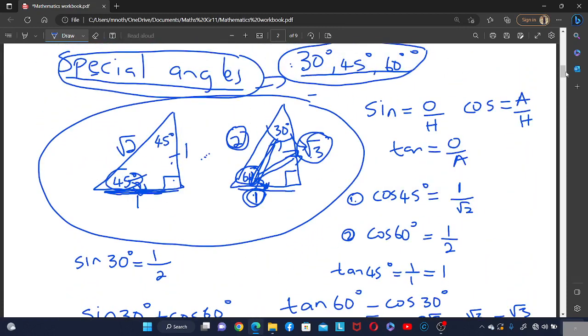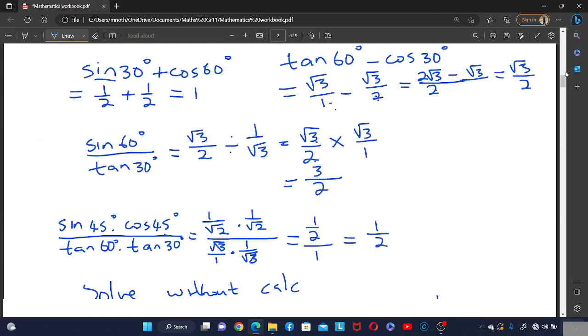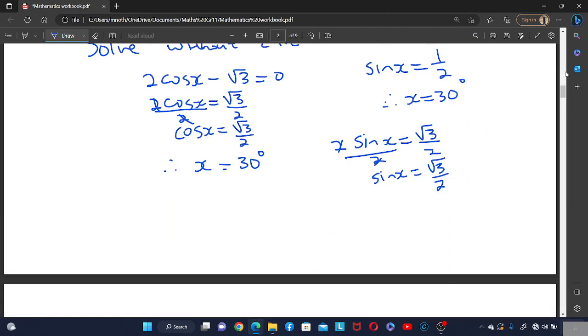So now root 3 over 2, and this side is opposite to this angle of 60 degrees. So this means that here is supposed to be 60. So therefore x is equal to 60 degrees.